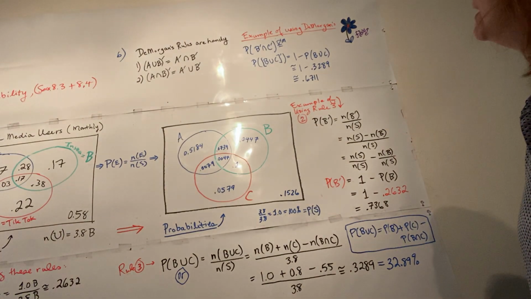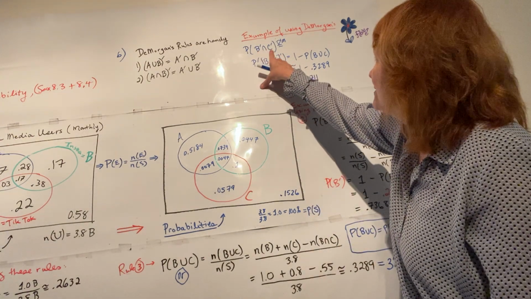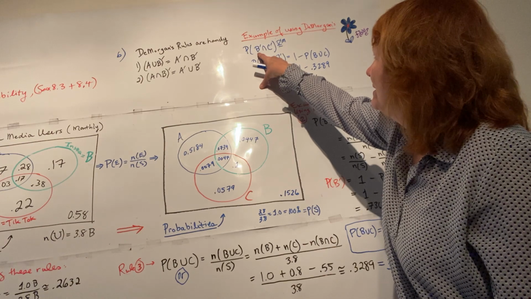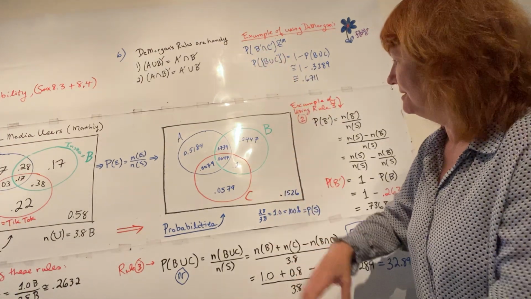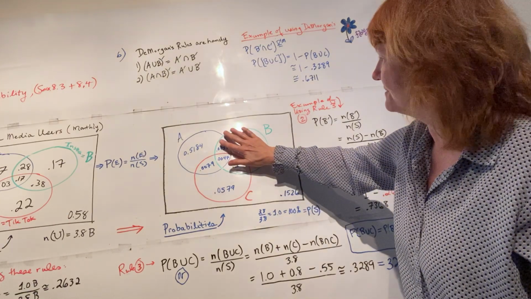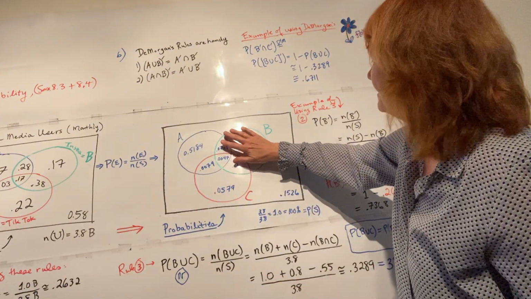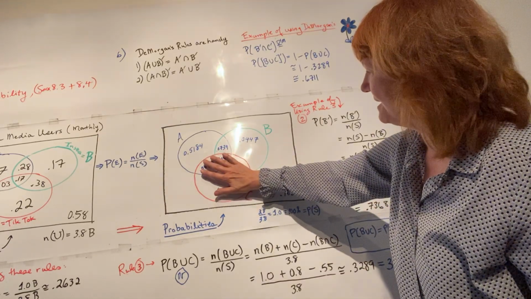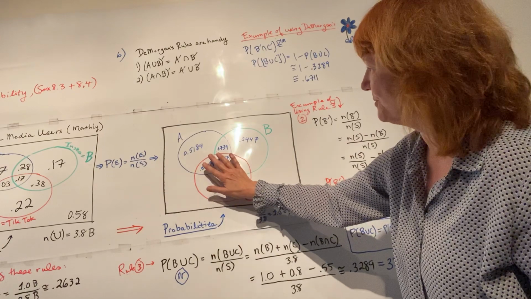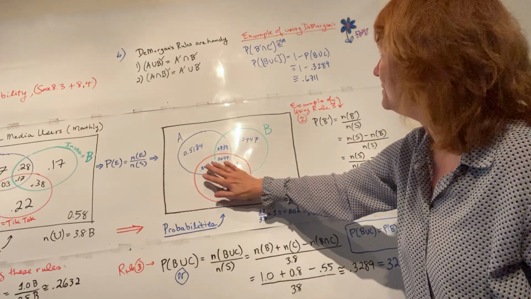Okay, now let's talk about the English. How in the world would they have asked that question in English? Well, let's see. B complement are all the things outside of B, so everything my hand's not covering up. C complement is everything my hand's not covering up here, right? What's in the intersection of those two?